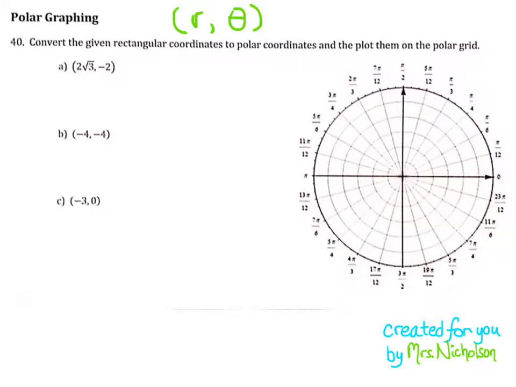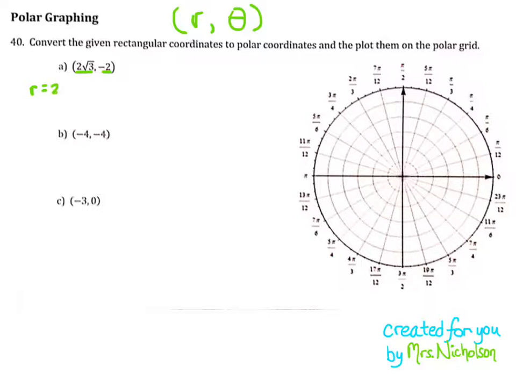So in order to find the radius here, it's kind of like finding the magnitude of a vector. It's the same idea that if I were to plot this point, 2 square root of 3, -2, it's got an x component of 2 square root of 3, a y component of -2. And so to find r, I'm going to use Pythagorean theorem.